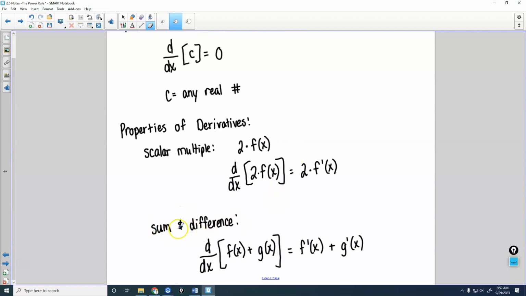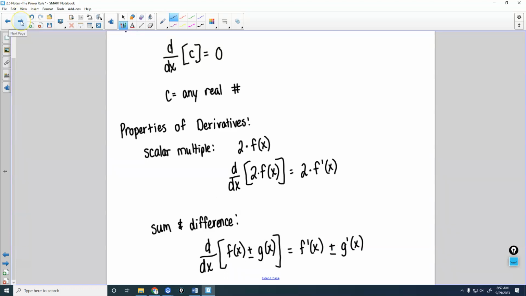If we have a sum and difference, so if we have different pieces added or subtracted together, then we just take the derivative of those pieces separately. So everything that's separated out by plus or minus signs, we just take the derivative of those separately.